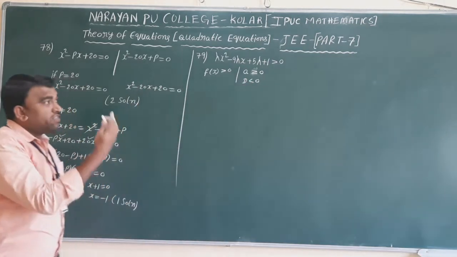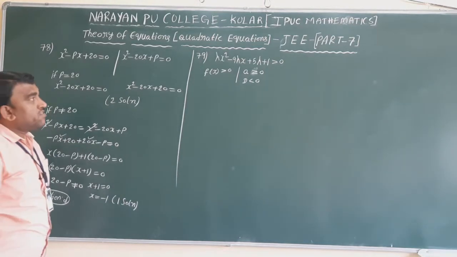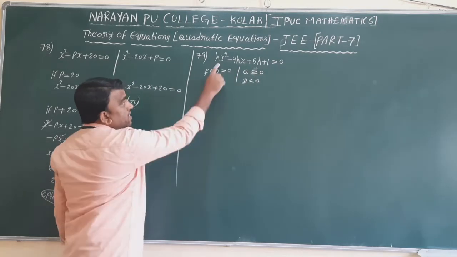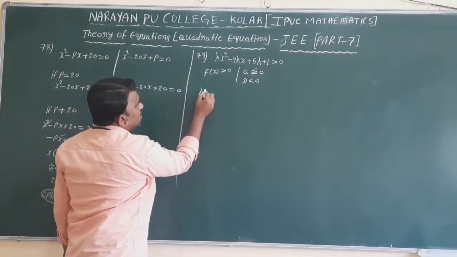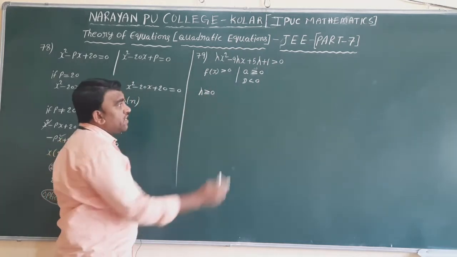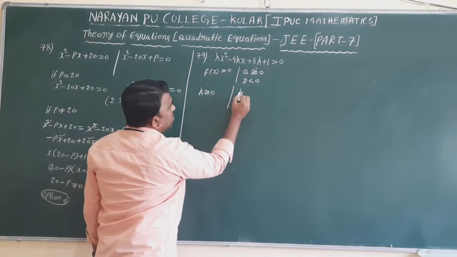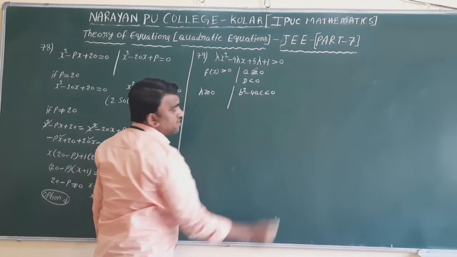The conditions are there in the graph of the quadratic functions. So this is of the form ax square plus bx plus c. Here a is what? Lambda. So lambda is greater than or equal to 0. Then D is nothing but the discriminant, b square minus 4ac is less than 0.